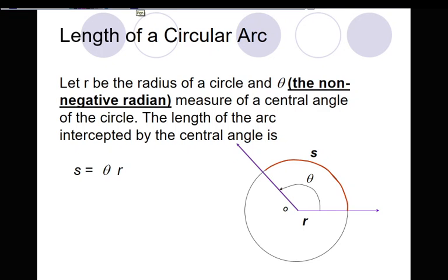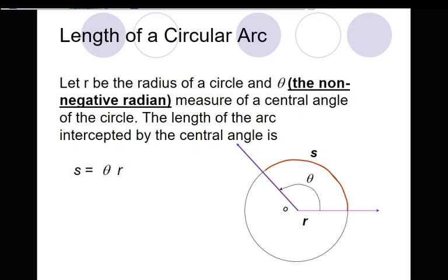So arc length, the symbol we use is S. It's also very often what we use for position. When we talk about physics, we talk about position being distance or displacement, and we use the symbol S, S of t. It actually comes from the Latin spatium, or space.